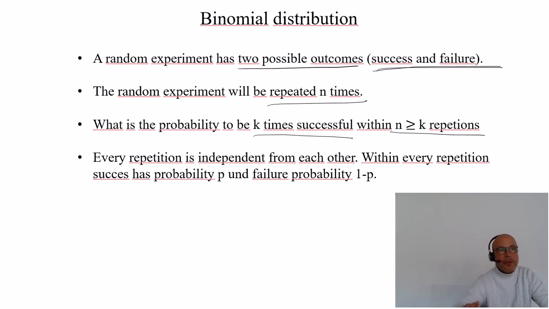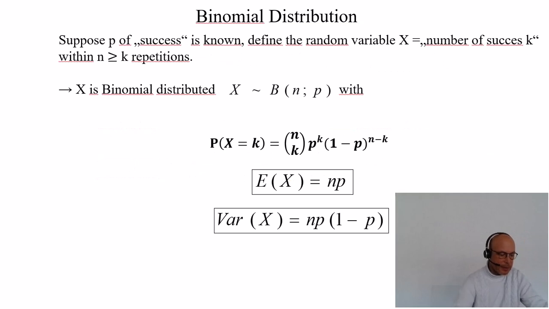We assume that every repetition is independent of the former one, and that the probability of success is p, and the probability of failure is, as I mentioned, 1 minus p.